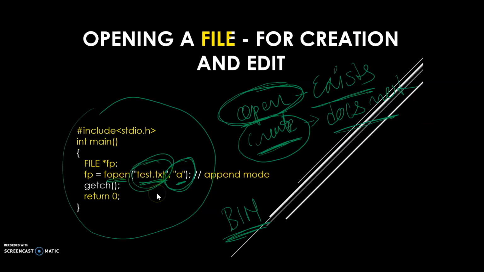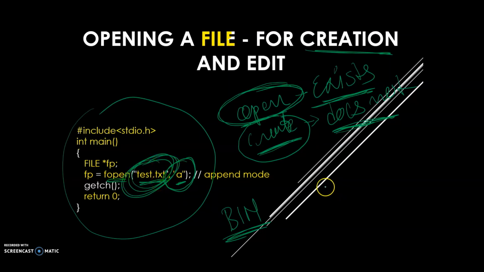This program is simply creating the file. We are not writing anything, nothing. We are just testing. So do one thing: try to open an existing file and a file which does not exist, and you can check by changing the name.